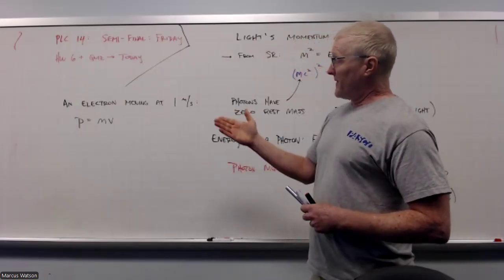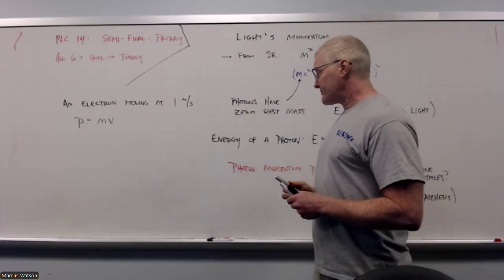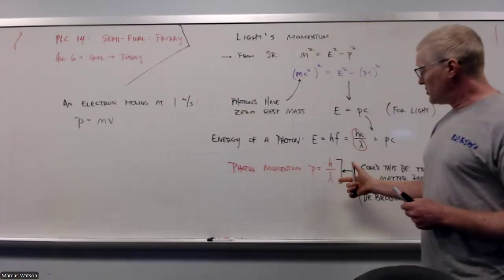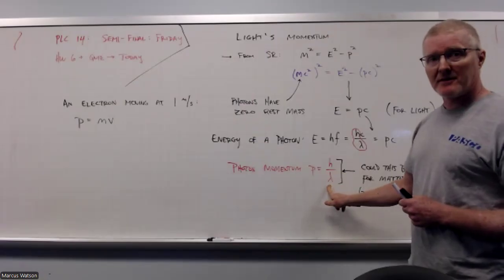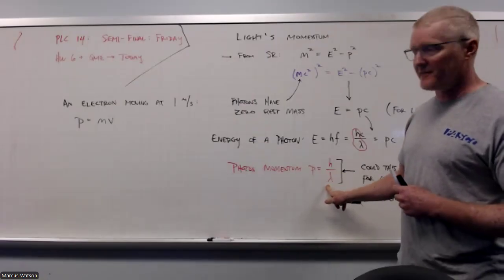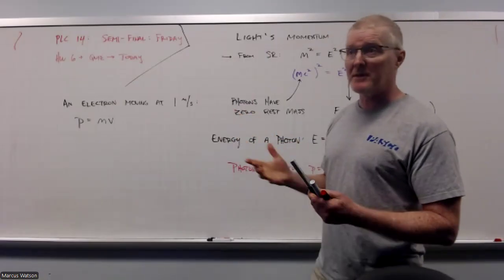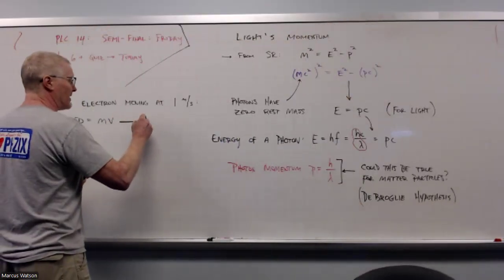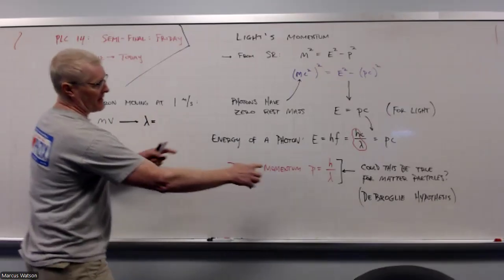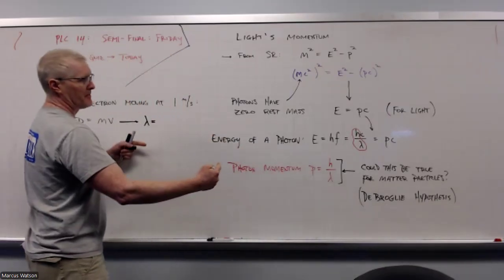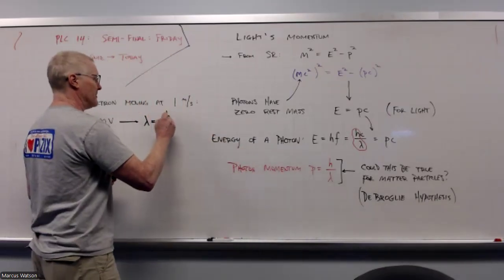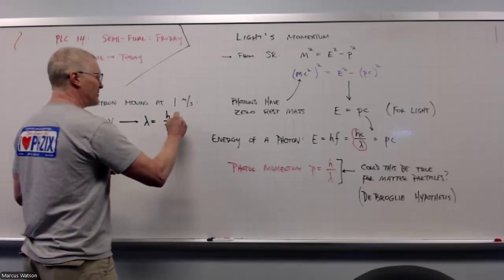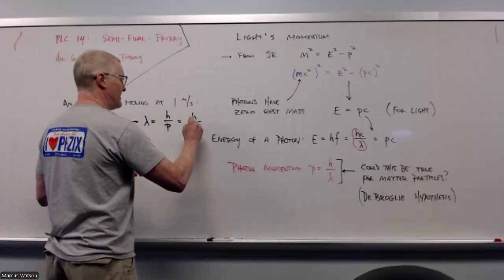And we could calculate what that is, and then see if we could use that to figure out what the wavelength of that electron would be at 1 meter per second. So with that, we would be able to say then that, okay, if I took the lambda and I flip-flopped p and lambda, I would get h over p here. And that would just be the same thing as h over mv.